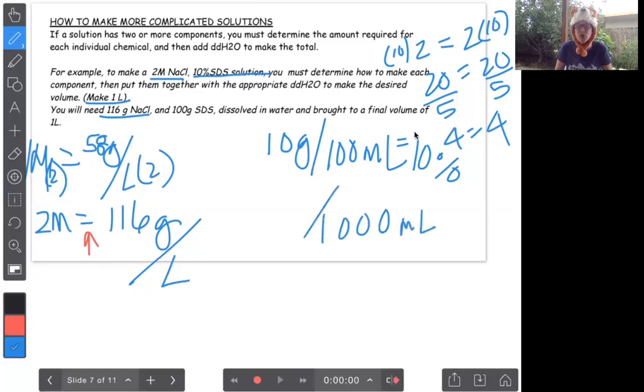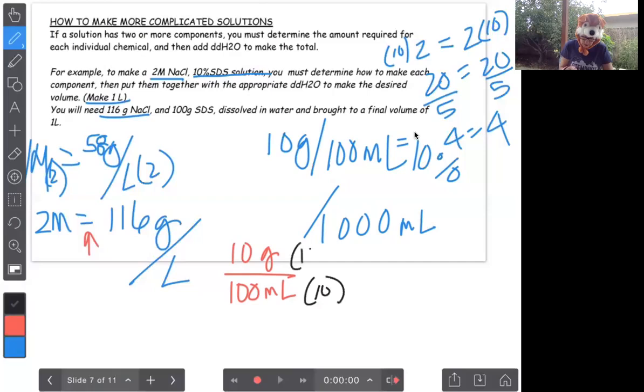So again, if we do something to one side of this, right? We're really doing 10 grams over 100 mils. If we multiply both sides by 10, right?